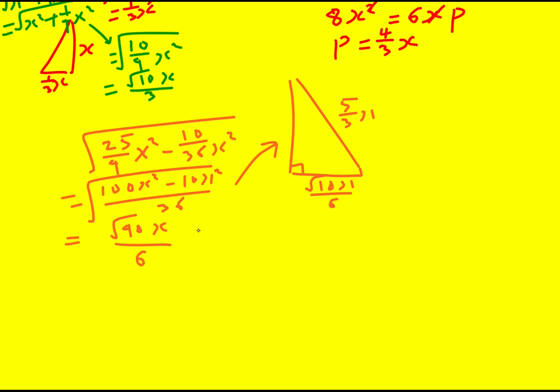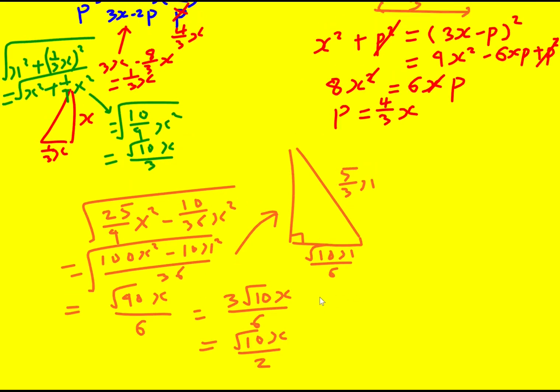I think I can simplify that. I can bring out a 9, so I get 3 root 10 x over 6, or root 10 x over 2. And that's going to be my height.